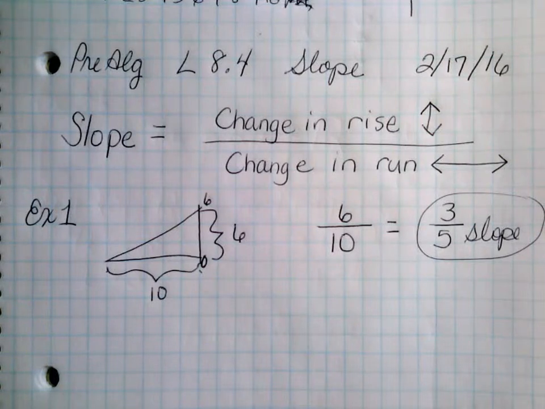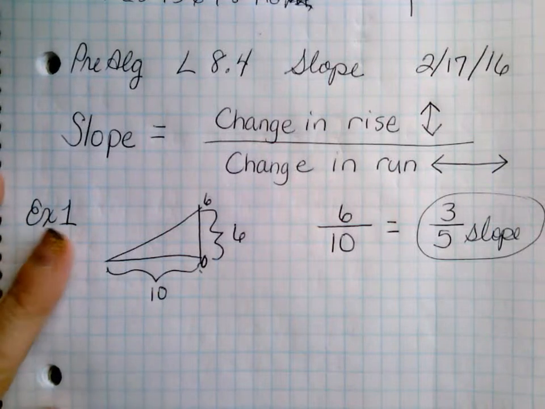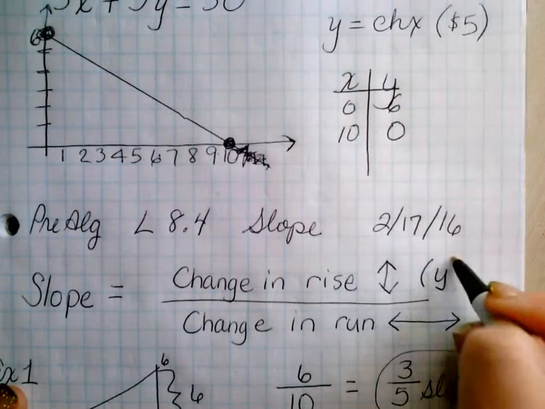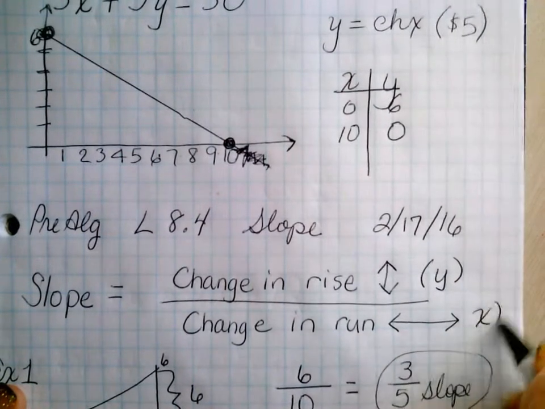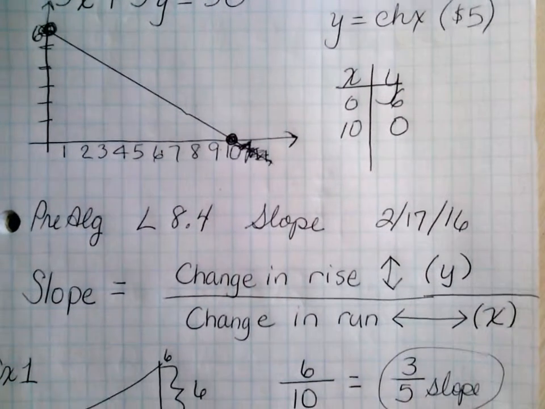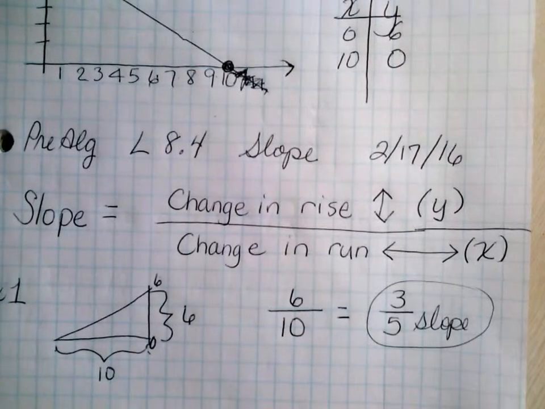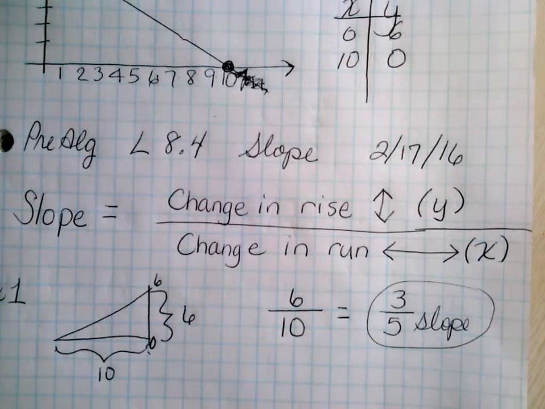So as long as it is not like this, if you have 2 points, you can find the slope of the line, and they give you the definition that I have given you, only they described it as the change in y, because that's the up-down movement, over the change in x. Again, you might look at your book and find it a little differently. Change in y over change in x.